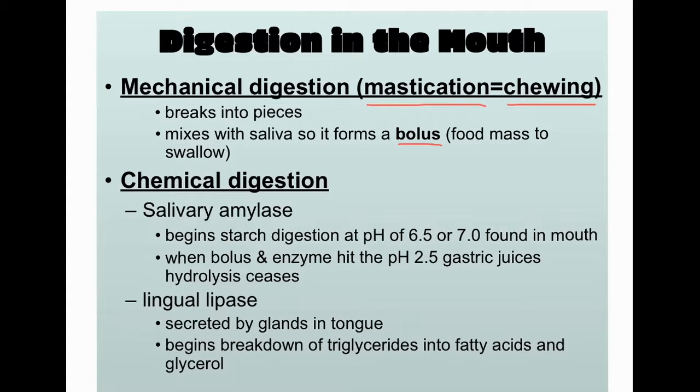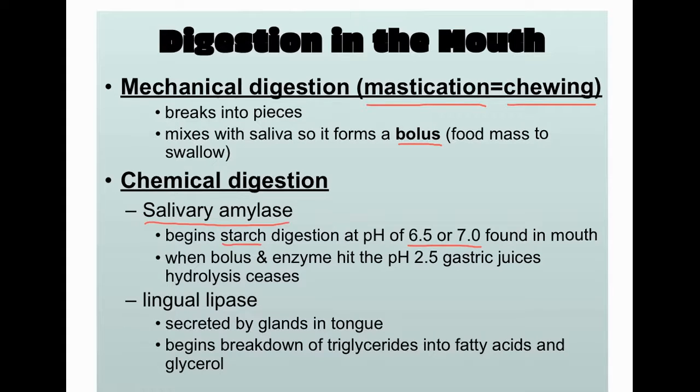The bolus is just that ball of chewed, saliva-filled food that's in your mouth after you've been chewing something for a while. And inside the mouth, there's also chemical digestion. Salivary amylase. Amylase is an enzyme that always breaks down starch. There's also going to be a pancreatic amylase that's released by the pancreas that also breaks down starch in the small intestines. pH of 6.5 to 7, so it's pretty neutral or slightly acidic.